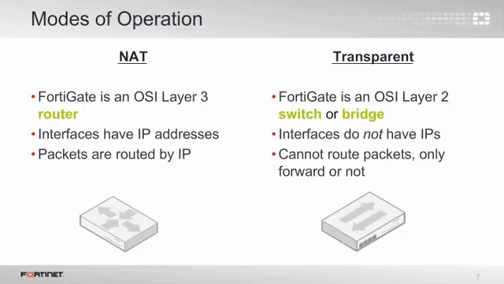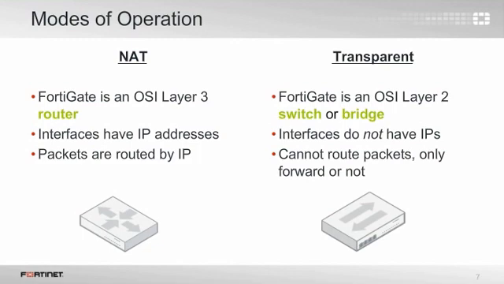So now you've seen a simplified overview of the software architecture. But what about the network architecture? Where does FortiGate fit in? When you deploy a FortiGate, you can choose on the dashboard between two modes, NAT or transparent. In NAT mode, FortiGate forwards packets based on layer 3, like a router.